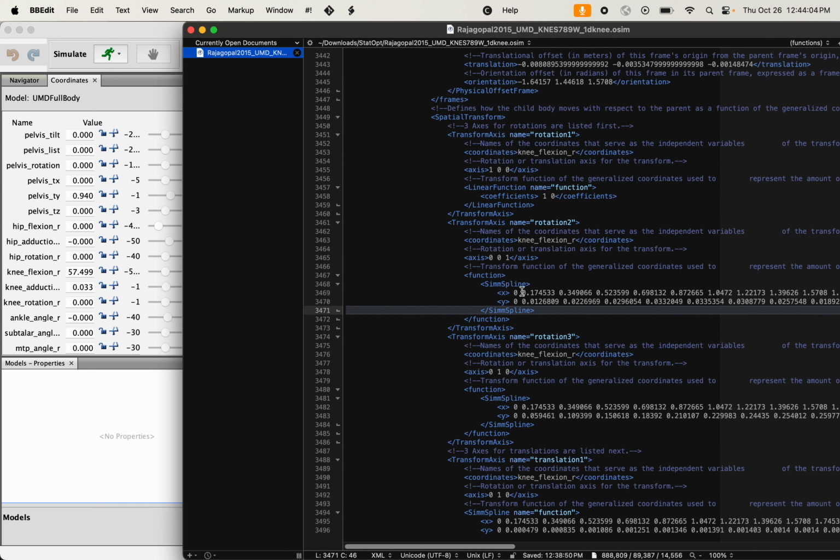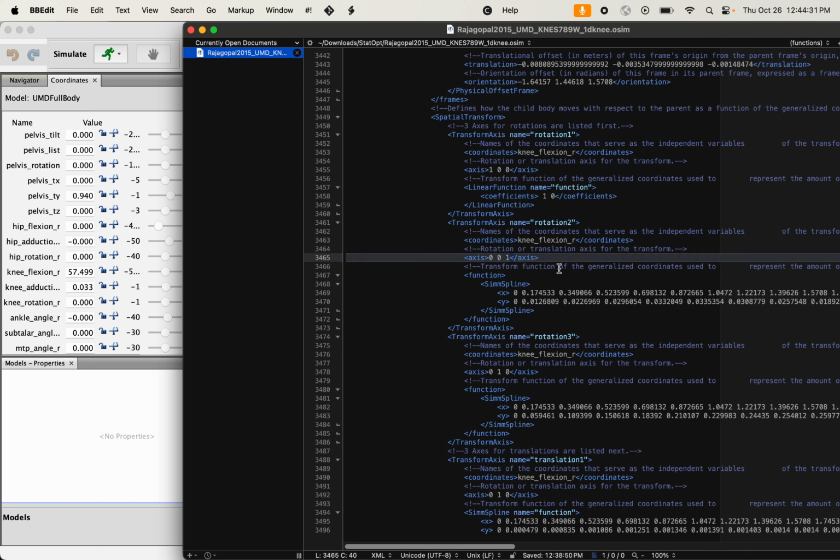It's saying these x values here, when the knee flexion angle takes on those values, assign the rotation about this adduction-abduction axis these y values for those magnitudes of those rotations, right? So it's coupling the knee flexion motion to the knee adduction-abduction motion.